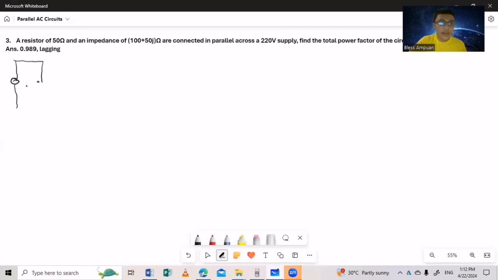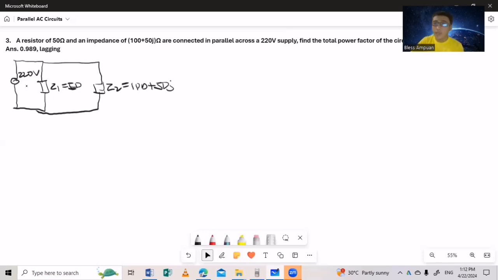Our first impedance is the 50 ohm resistor, which is our Z sub 1, pure resistive, 50 ohms. For our second impedance, Z sub 2 is equal to 100 plus 50 J. Our power supply is 220 volts.